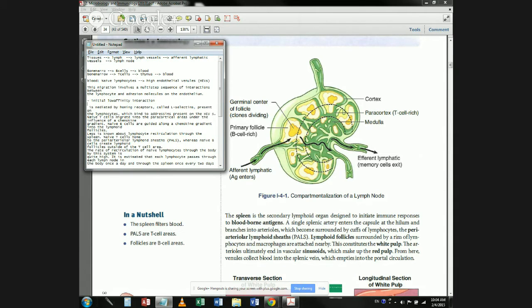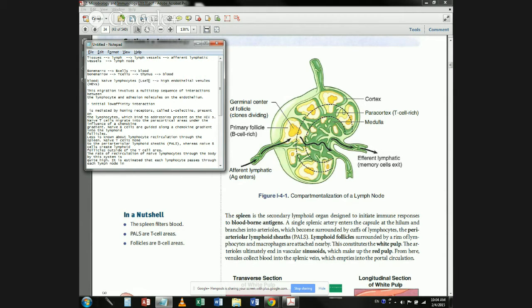This is mediated by homing receptors called L-selectins present on the lymphocyte. So this naive lymphocyte right there has L-selectins, which bind to addressins present on the HEVs. So these HEVs have addressins.